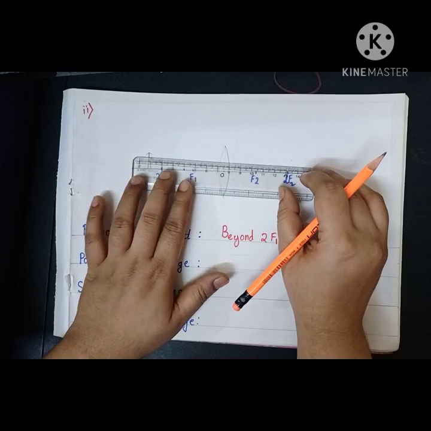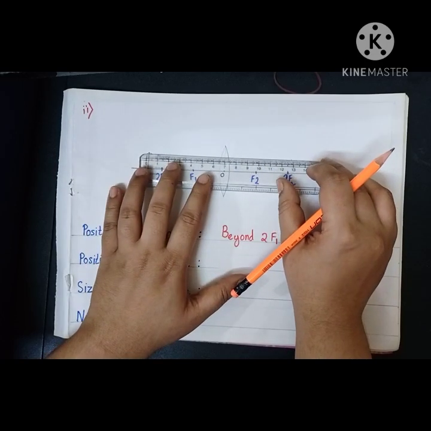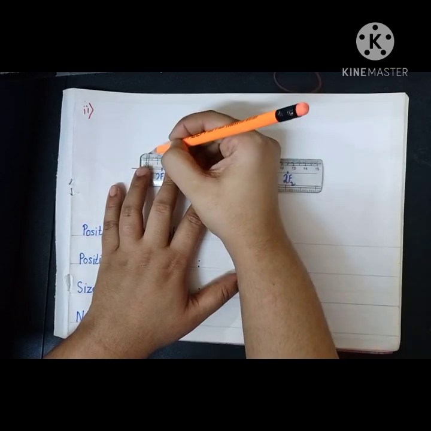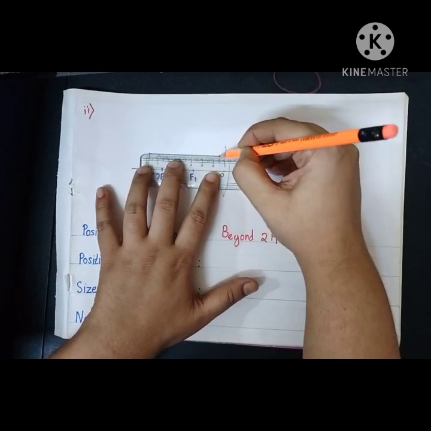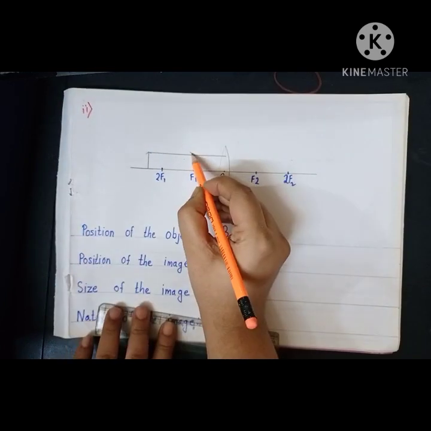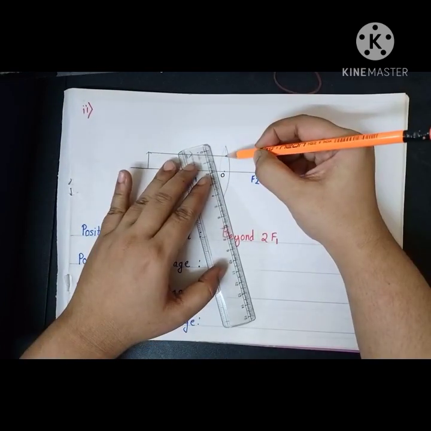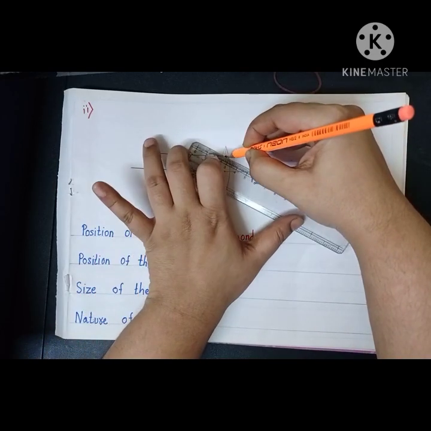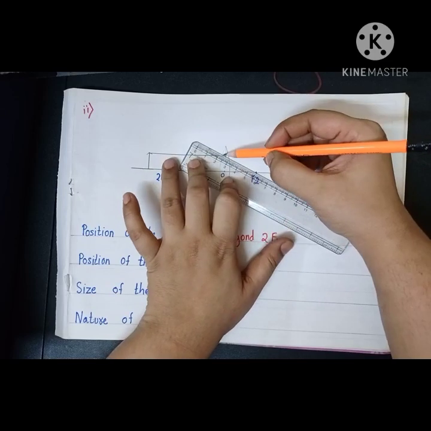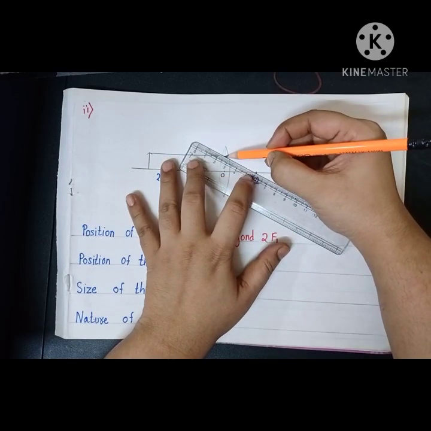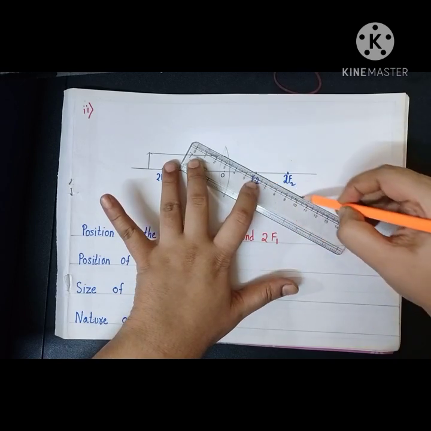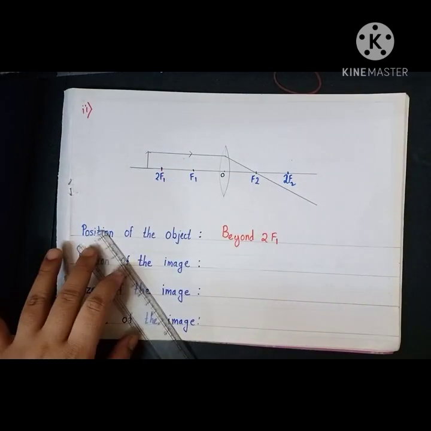Now following the rules, first we will draw incident ray parallel to principal axis. So refracted ray will pass through principal focus.